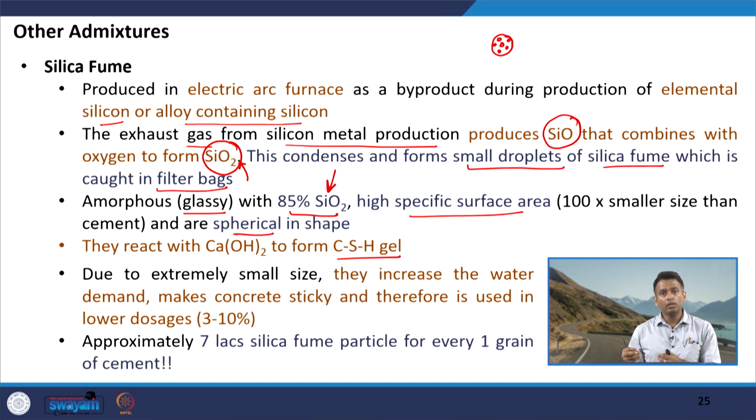It will also make the concrete sticky because of this huge water demand and increase in density, and therefore, when we talk about silica fume, it is used in relatively lower dosages in comparison to the other pozzolanic material. So, the range which we use is typically 3 to 10% of silica fume depending on our targeted properties.